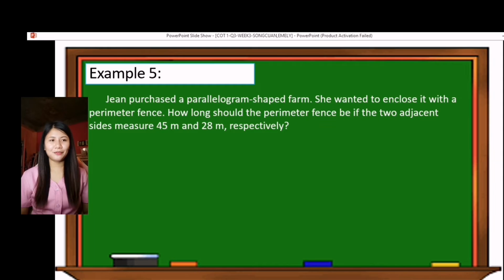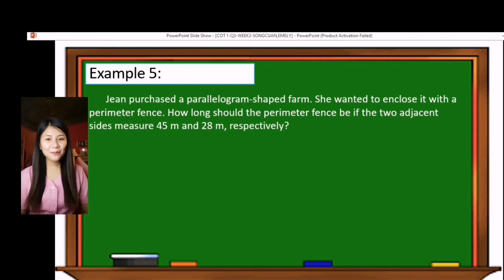Example number 5. Jean purchased a parallelogram sheep farm. She wanted to enclose it with a perimeter fence. How long should the perimeter fence be if the two adjacent sides measure 45 meters and 28 meters respectively? Do you still remember the property of a parallelogram?